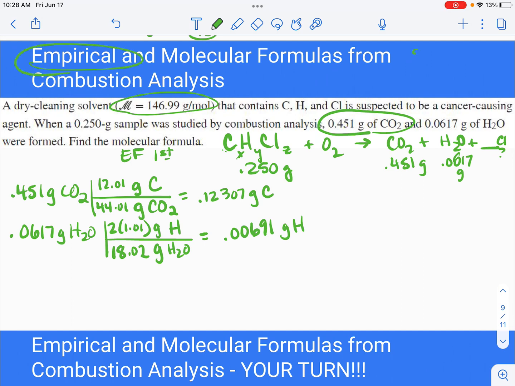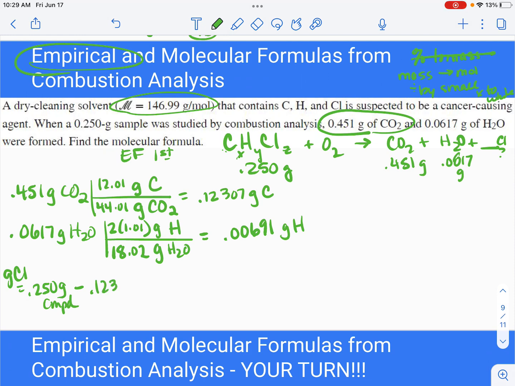I need to be able to find the mass of chlorine. Remember to find an empirical formula, I'm going to do percent to mass, which I don't have, so I need to find masses, then mass to moles, and then divide by small, and then if I need to, I'll multiply to whole. Okay, so I need the grams of chlorine before I can keep going. So to find the grams of chlorine, I know that I started with 0.250 grams of the compound.